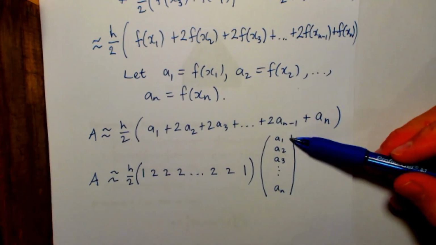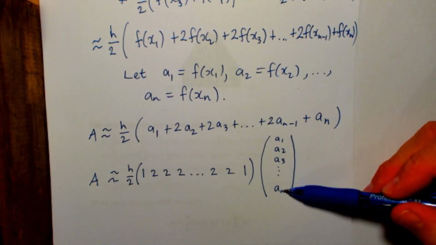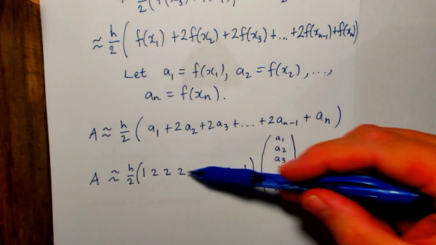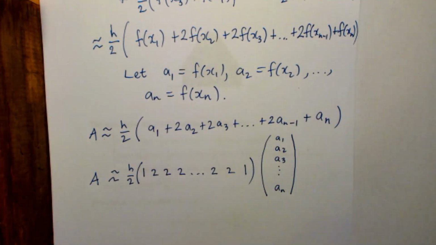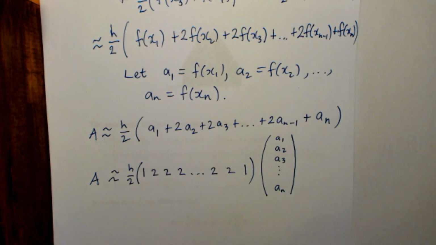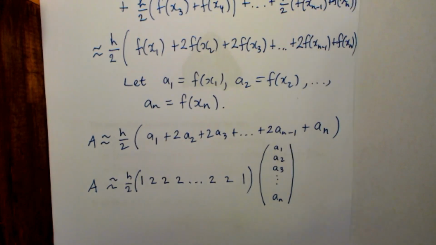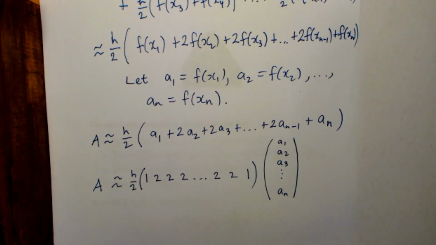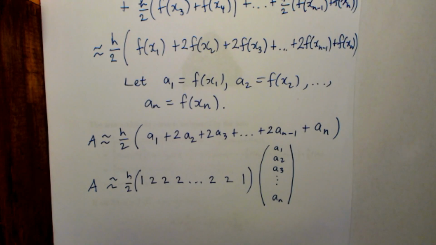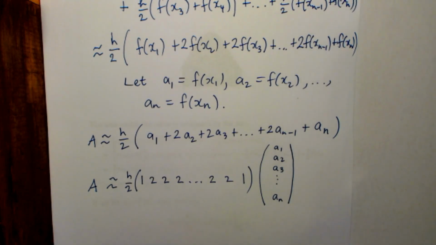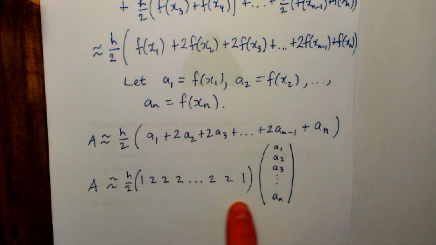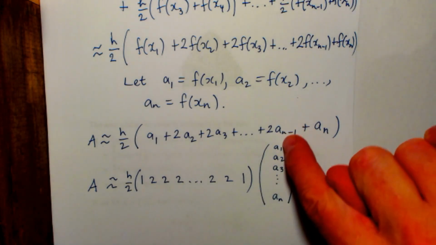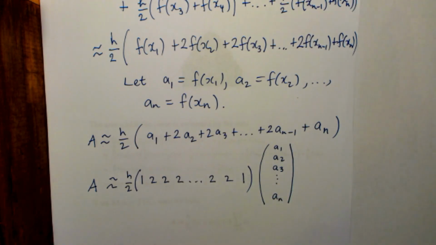Alright, now notice that the data occurs here, so this is all the data, and then these are all of the coefficients, and then this is h on 2 there. So it's convenient to use it this way. And especially if you're using both the trapezoidal rule and Simpson's rule together and comparing the results, you can even put the corresponding array for Simpson's rule below this and have the data there once, and you get both just by doing a matrix multiplication.